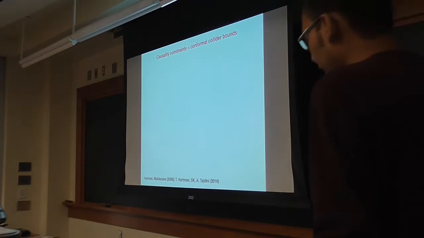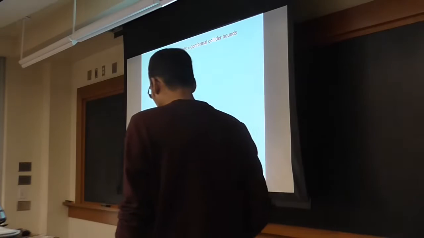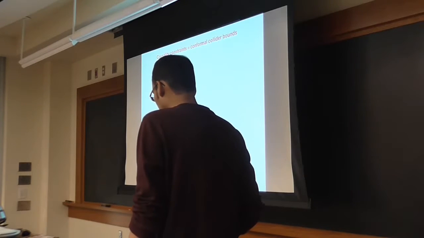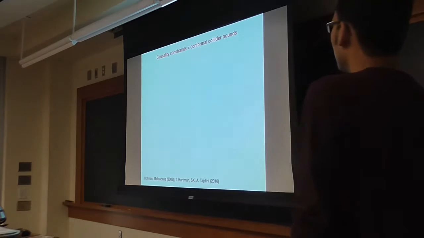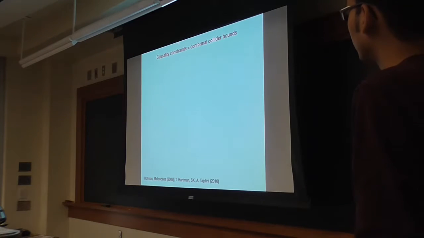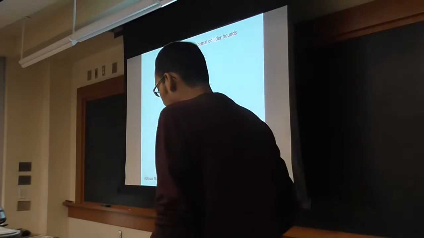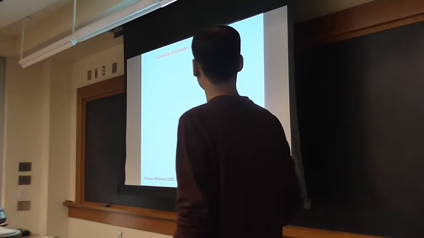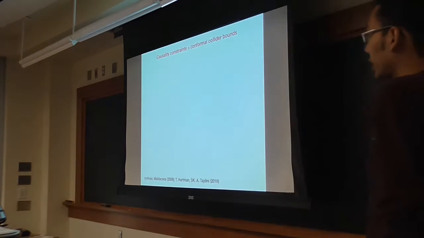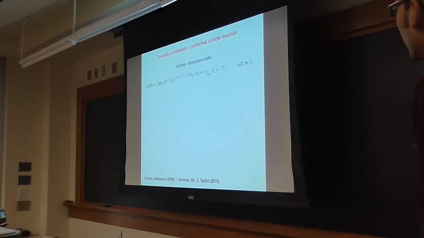This also explains one more question that I had before. It was observed that causality constraints obtained from conformal bootstrap are exactly the same as what you get from conformal collider experiments, or thought experiments, I should say.